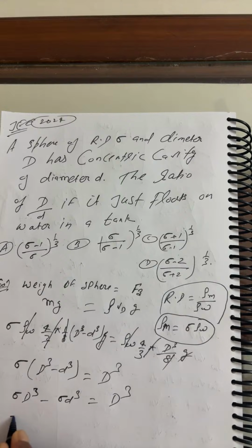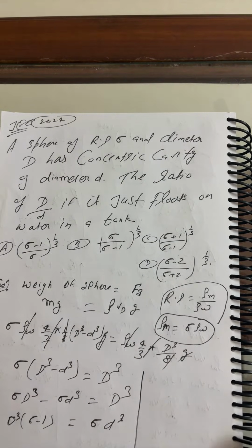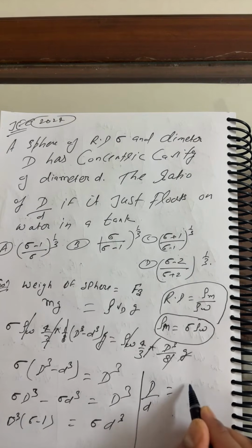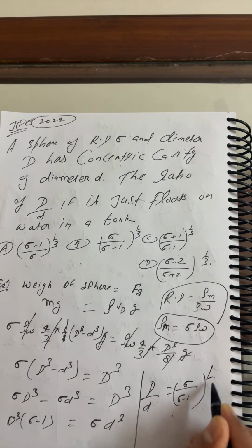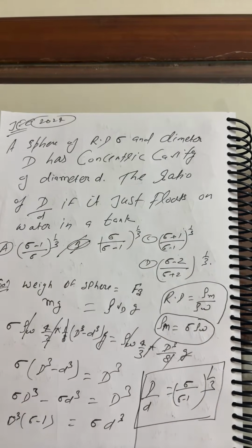Then you can see d cubed common: sigma minus 1 is equal to sigma into D cubed. So what we wish to find here is d by D. This is the last solution. So d by D is equal to sigma upon sigma minus 1 to the power 1 by 3.